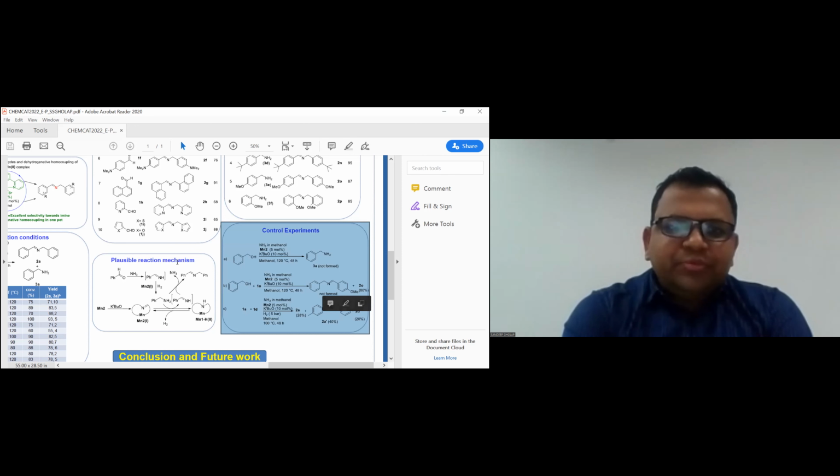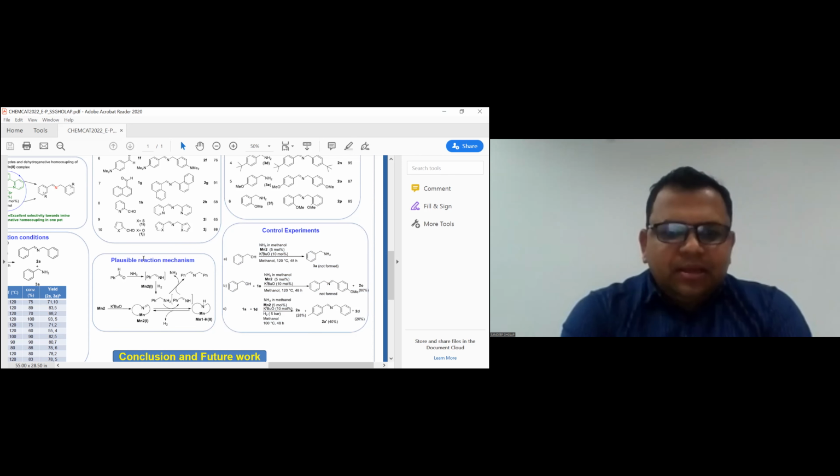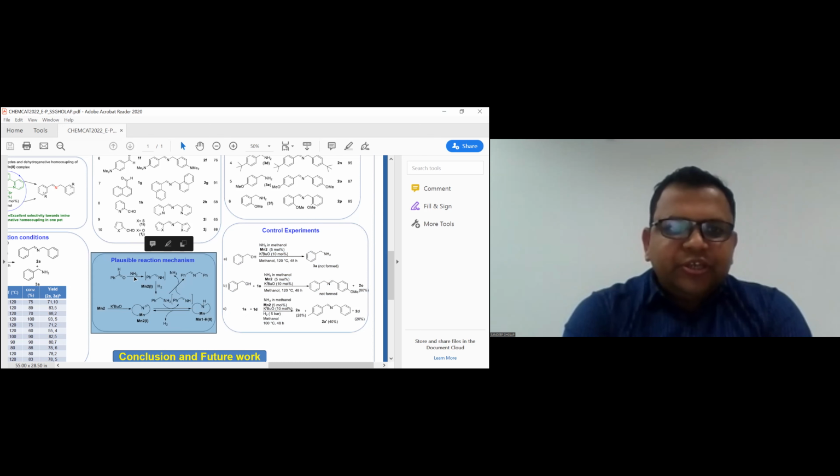So at this moment we are plausibly thinking about the reaction mechanism. Still, this work is in progress, and we think that under the ammonia environment it could transform this aldehyde, and under hydrogen environment it reduces the imine, and this imine further releases one hydrogen atom to provide aldehyde, and the homocoupling of this imine and this amine releases ammonia and provides this imine as a product.